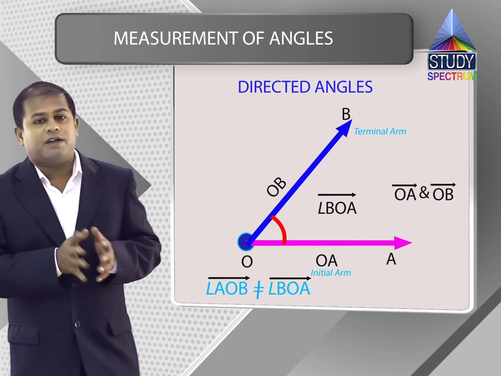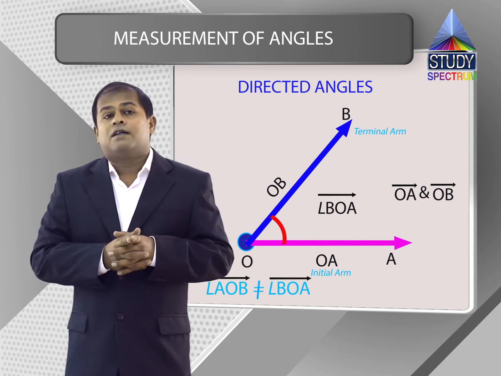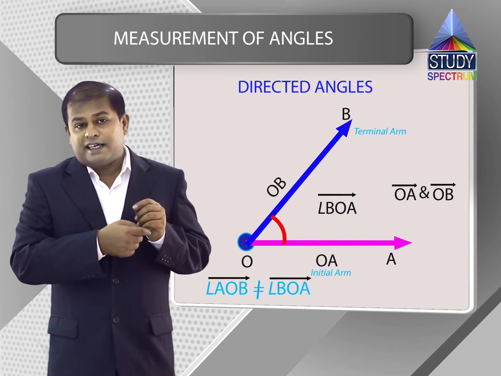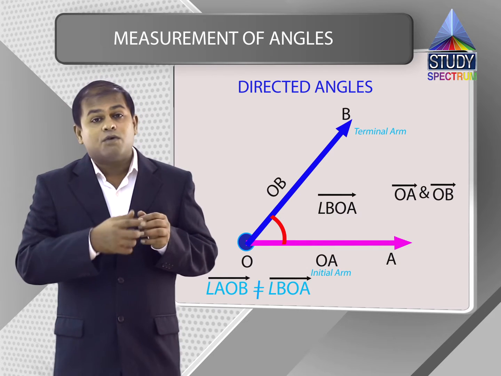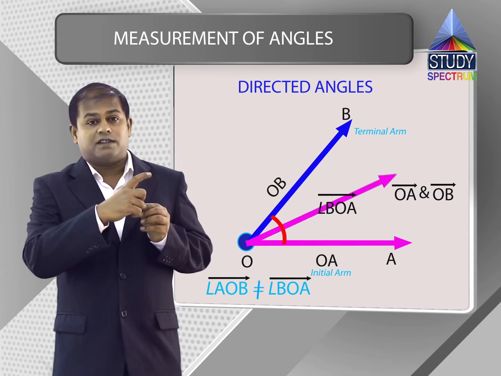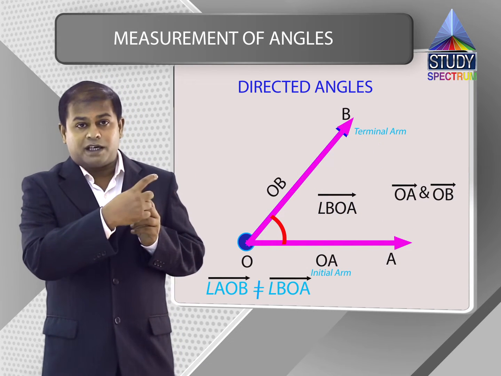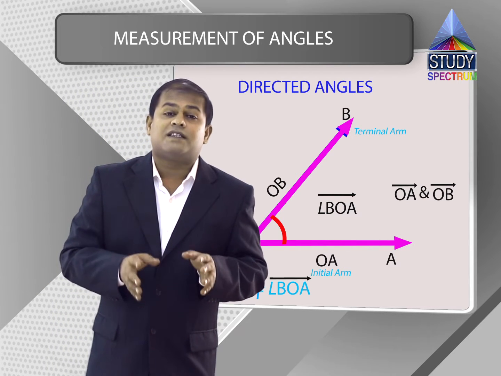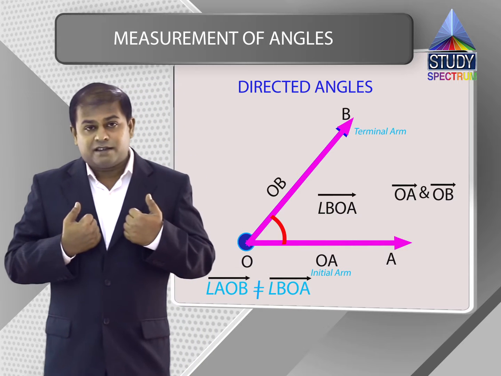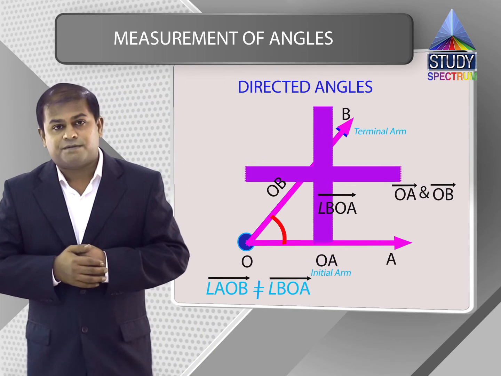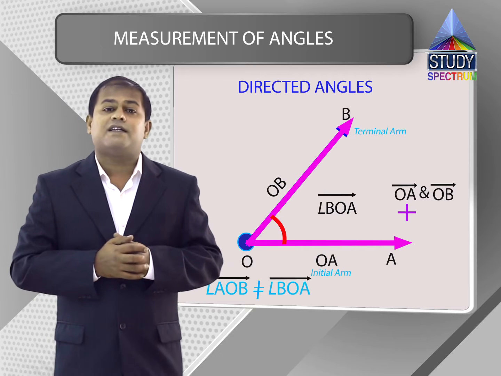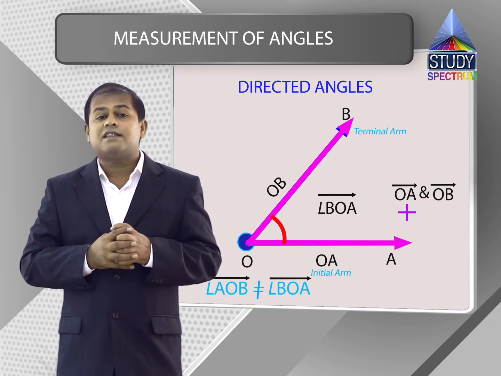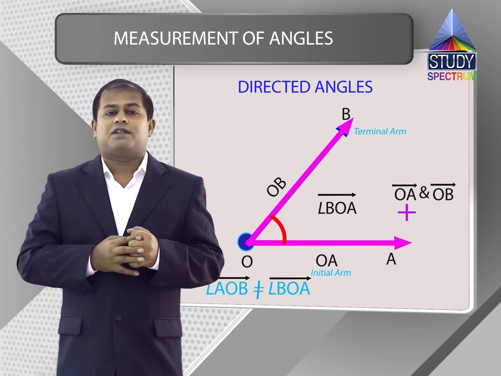Now, one very important concept. In directed angle AOB, arm OA was rotated in anti-clockwise sense, so its measure by convention is positive. If angles are measured in anti-clockwise sense, we say the measure is positive.